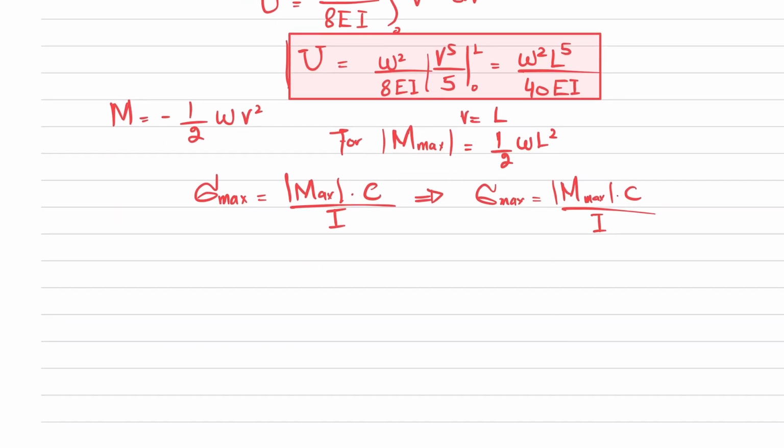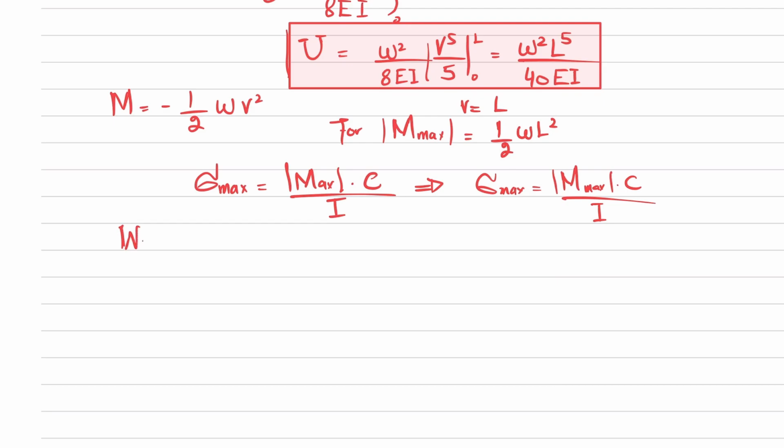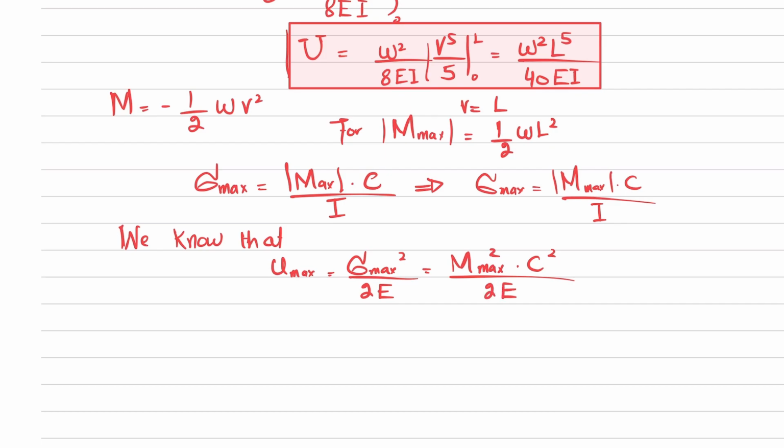Now we know that strain energy density Umax is equal to sigma max square over 2E. So you can just put the value, it will be maximum bending moment square into C square divided by 2E.